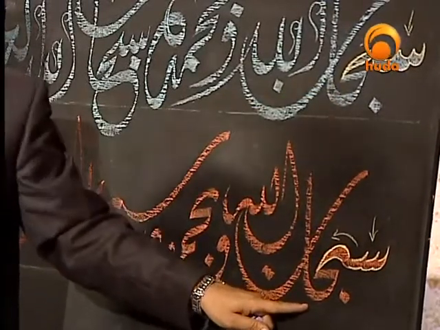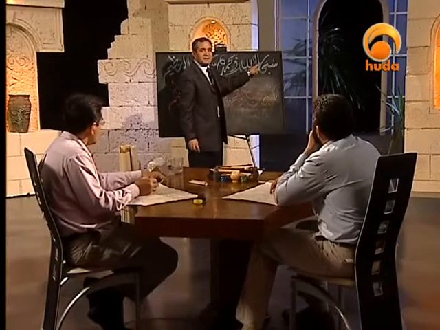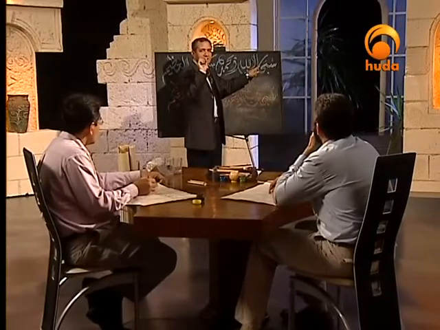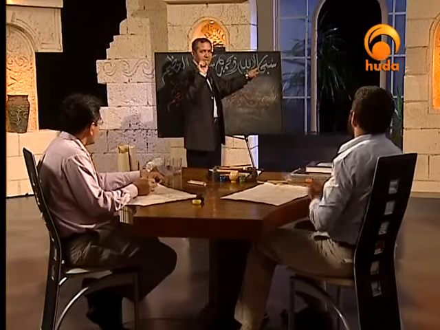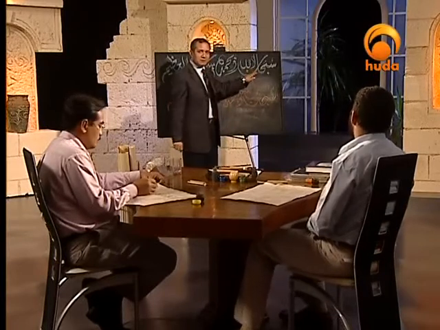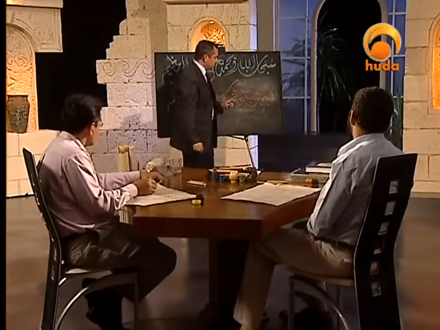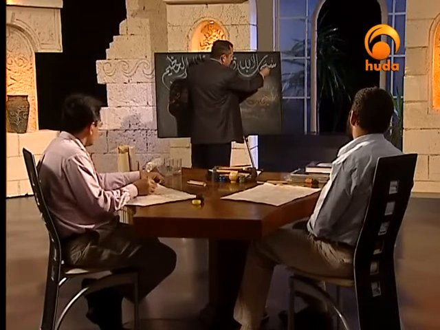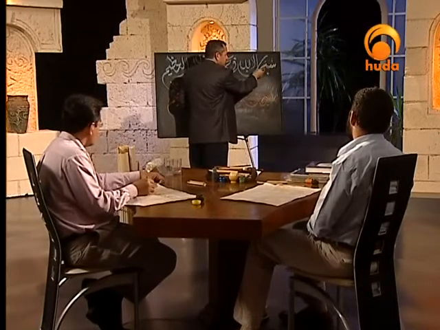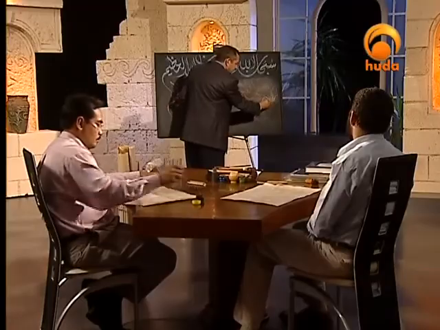Ha here and ha here are almost the same, but in Jali Diwani with a thin pen, not the same thickness as our pen, but almost the same movement of going up, the same curve.